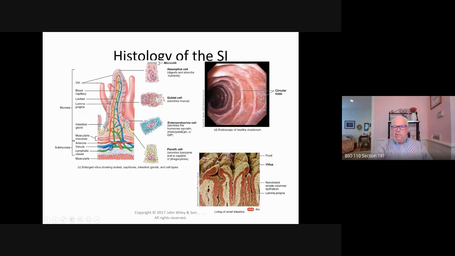Those hormones are secretin and cholecystokinin, otherwise known as CCK. So these are your 4 cells that are in the microvilli of the small intestine. The more abundant is the absorptive cell. Then you have the mucus cell, which is the goblet cell, the EE cell, the hormone producer, and the Paneth cell, which produces the enzyme lysozyme to kill bacteria.